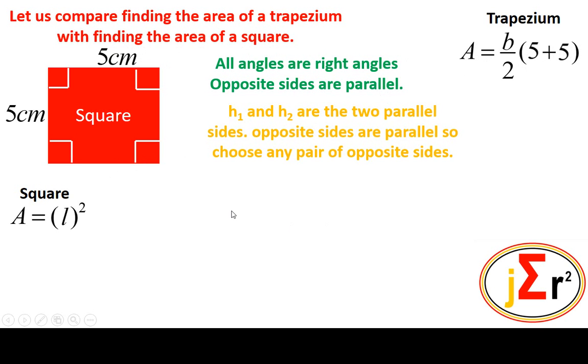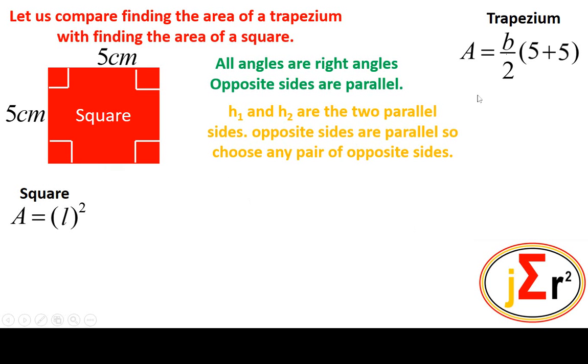They are parallel. Now, this is the perpendicular distance between the two parallel sides. If these are the two parallel sides concerned, we know that all of the angles are right angles. Therefore, this side is perpendicular to these two sides. If we choose two parallel sides of a square, any of the other two sides will be perpendicular to these two.